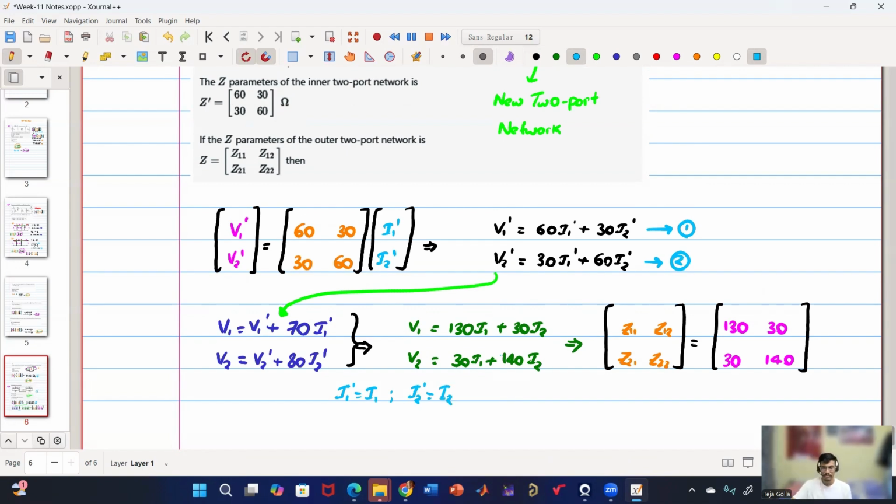So I have skipped that step and directly written it. Is that okay? Any further queries?